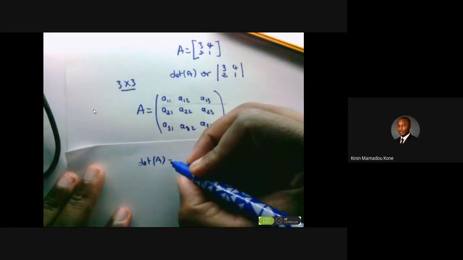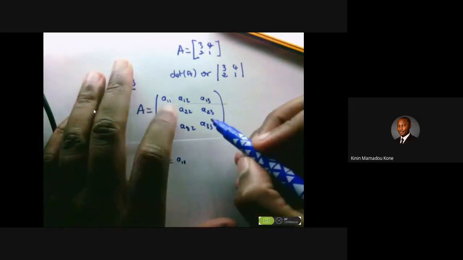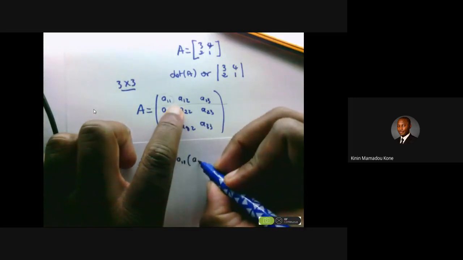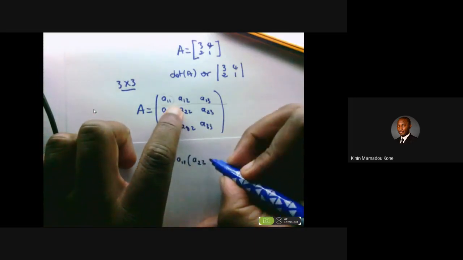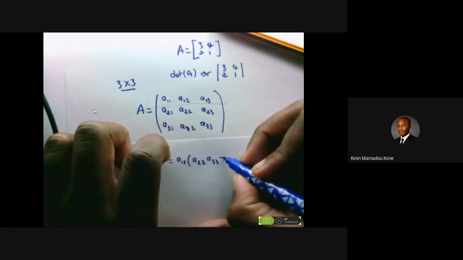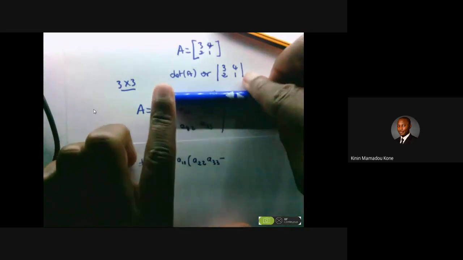So I have A11, and here I have the product this one times this one, A22 times A33 minus A, so it's like this.